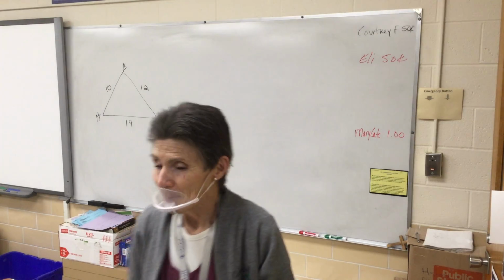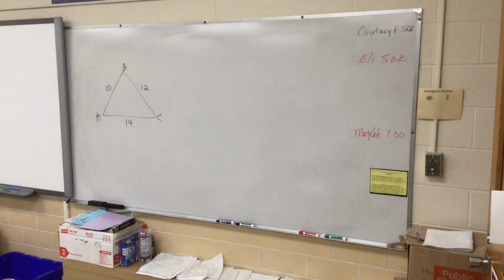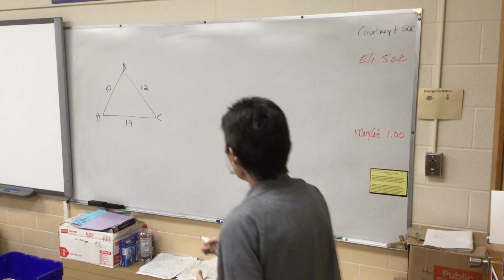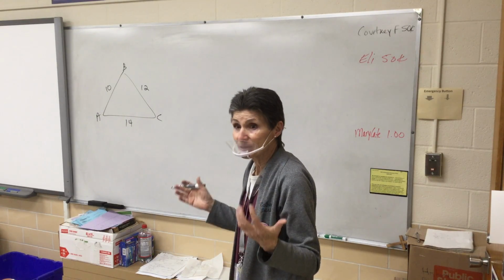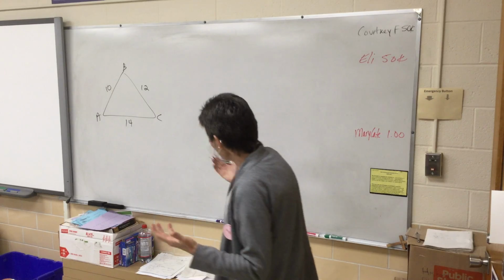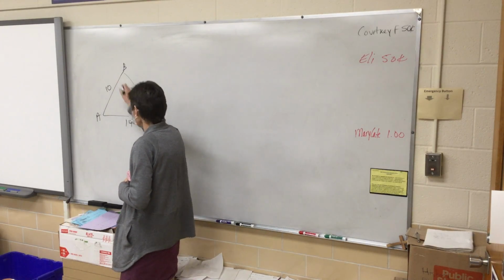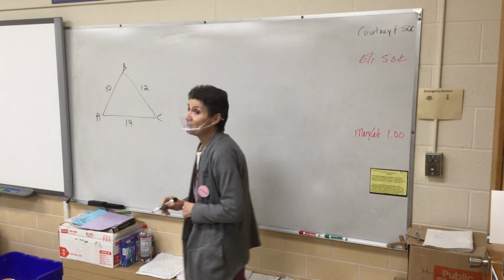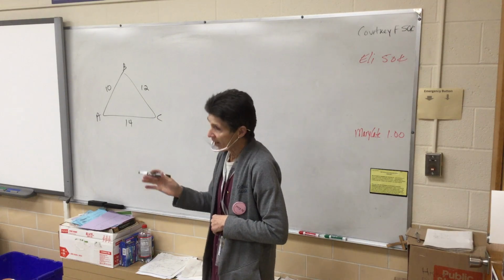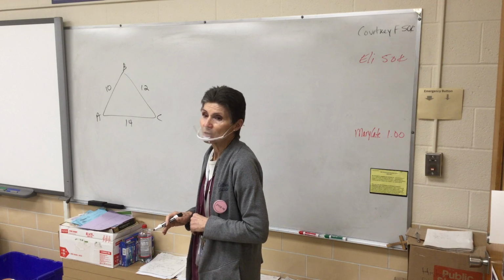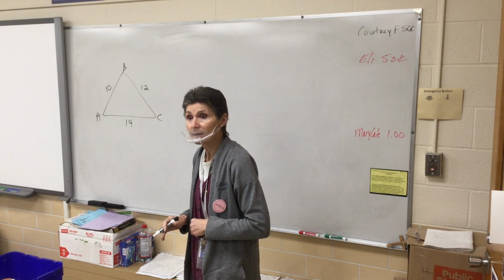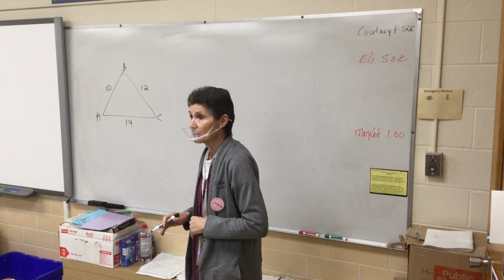Hero's formula. But the directions didn't say find the area. The directions said solve it, which means find everything you don't know, which basically in this case is angle A, angle B, and angle C. And when we find angles and sides, we do not use Hero's formula. We use the law of sines or the law of cosines, right?